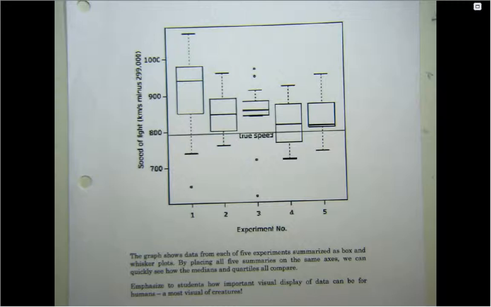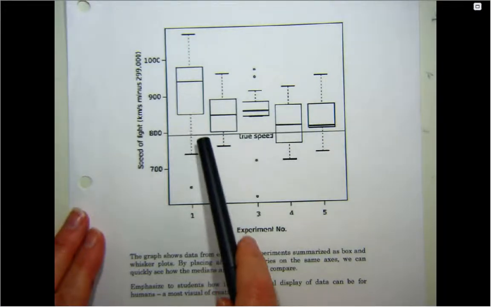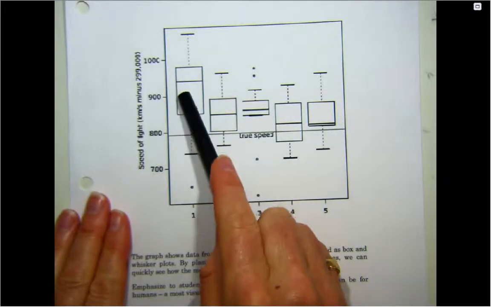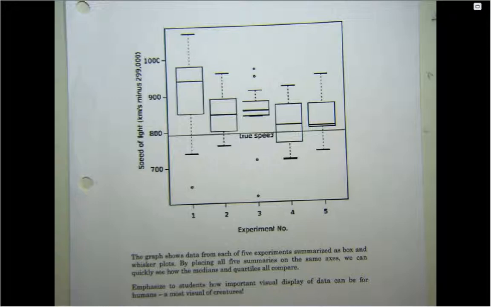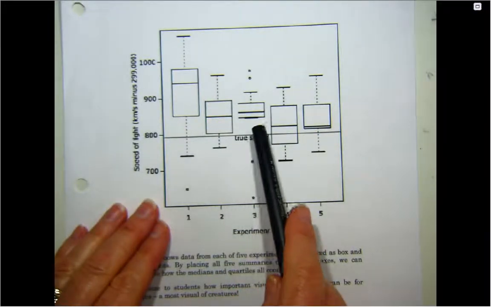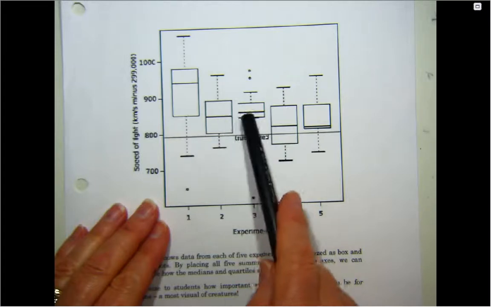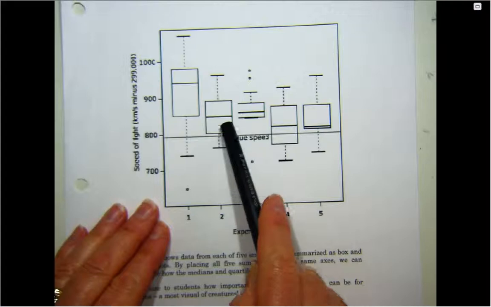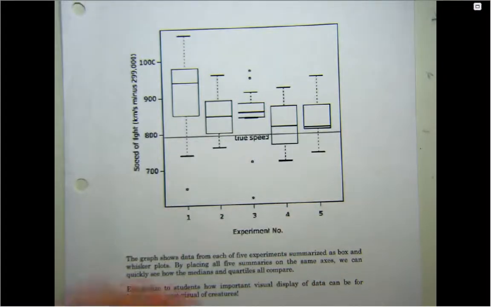But when I put them in a box and whisker graph next to each other, I could see that one method had 50% of the students in this box slid up higher than the other class. So their horizontal bars were about the same, but this 50% of the grades would have been pushed up like this compared to here where some were lagging behind. So box and whisker graphs can be very useful, and they're actually quite simple once you know what to do, and they help us understand the 5-number summary.